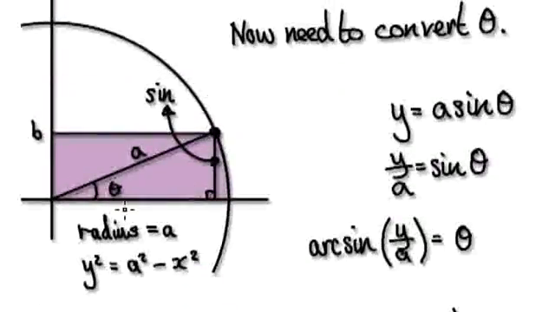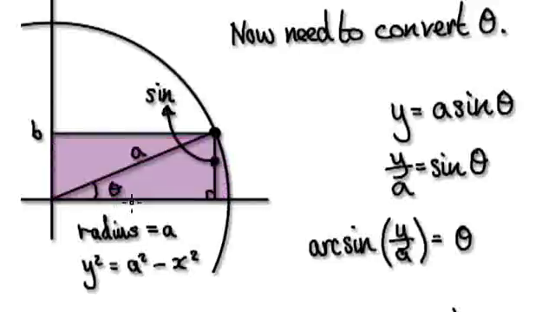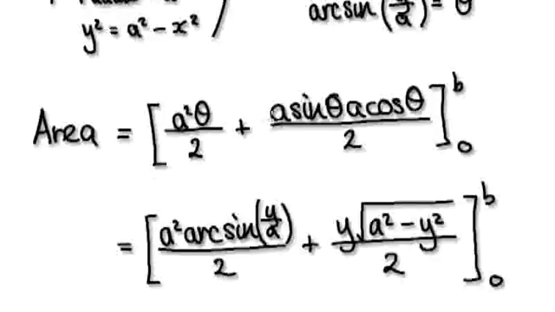If you think about it, we are summing up everything and we are moving in the y direction. Theta has nothing to do with us moving in the y direction, so we need to convert theta. Okay, so this theta here becomes this thing here, and this thing here.